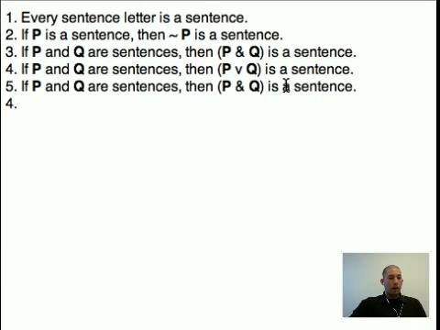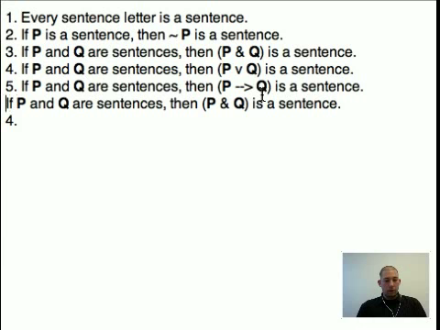And if P and Q are sentences, then there's one other way we can build it up by using our material conditional. Hopefully by now you're getting the idea that whenever you have two sentences, you can use our truth functional connectives to build a new sentence.